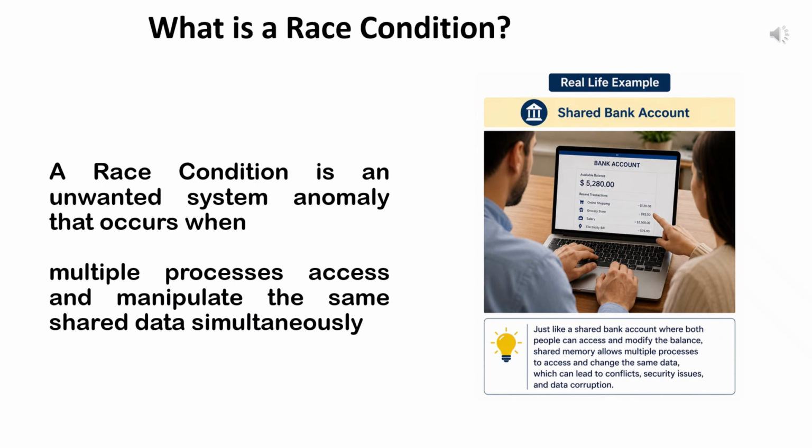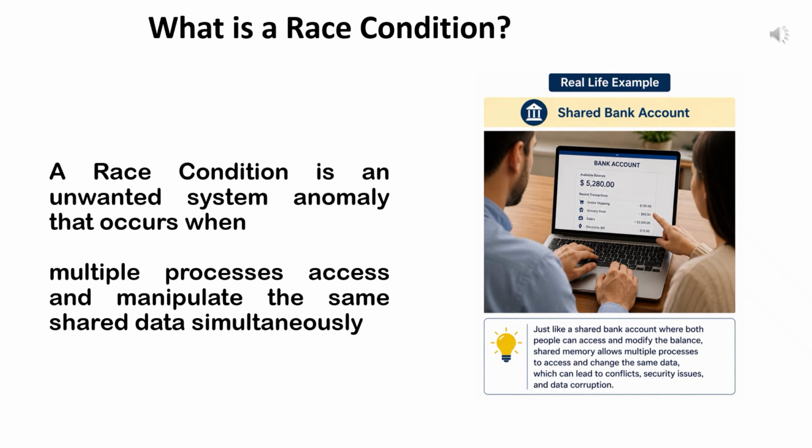What is a race condition? Now let's understand one of the most important concepts in operating systems. A race condition occurs when multiple processes access the same shared data at the same time, and at least one of them modifies that data. Because processes execute independently, the final result depends on which process finishes first.